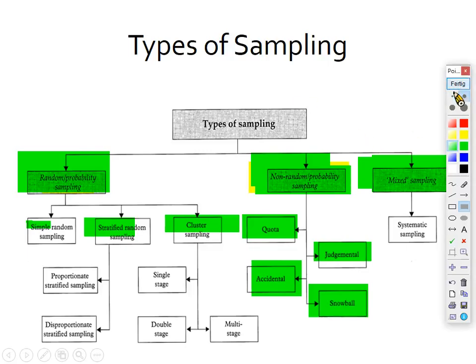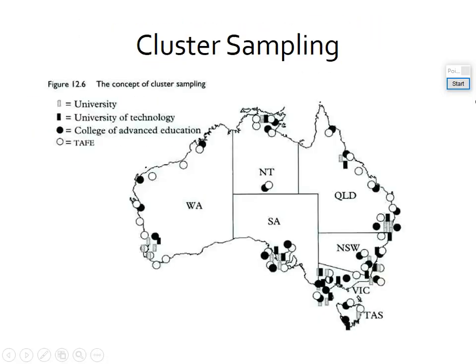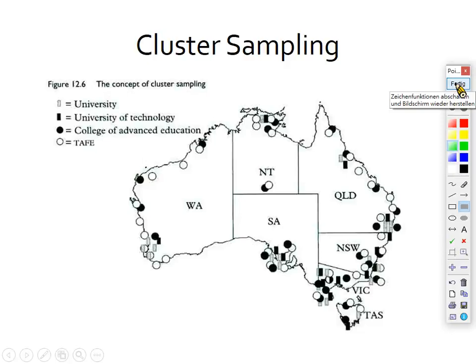And the idea here, let's move to here. This is a very good example of cluster sampling. For example, you want to do some study about the quality of higher education in Australia.